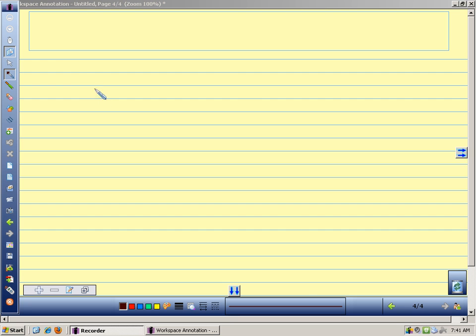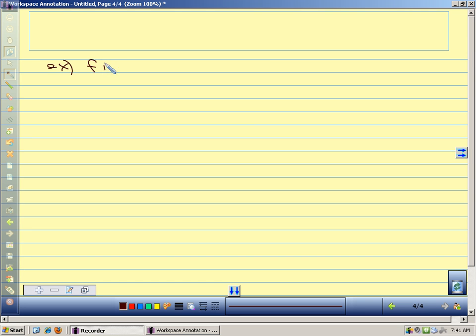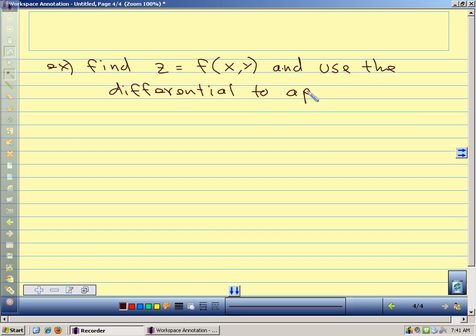All right. In this example, we want to find our function and use the differential to approximate the quantity.